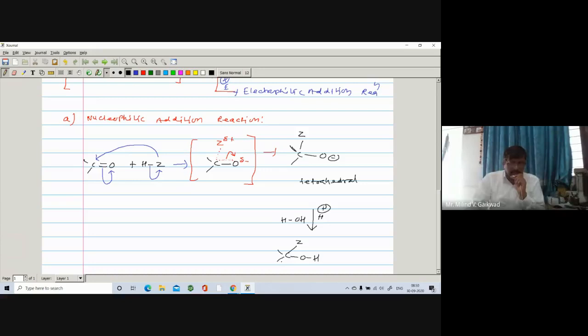Here, if you see, this carbon is sp2 hybridized, and the internal bond angle is 120 degrees. But here this carbon is sp3 hybridized, and the internal bond angle is 109.5 degrees, so it is tetrahedral in nature.